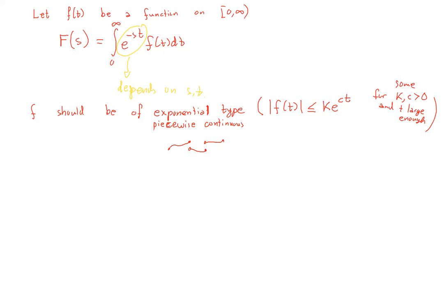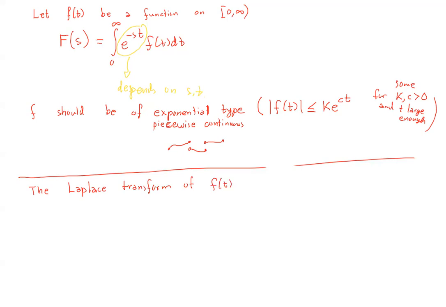Okay, so let's compute something. Let's compute for the constant function one. First of all, actually, before I give you this, let me give you an alternative notation. The Laplace transform of f of t will also be denoted by L of f of t, like so.